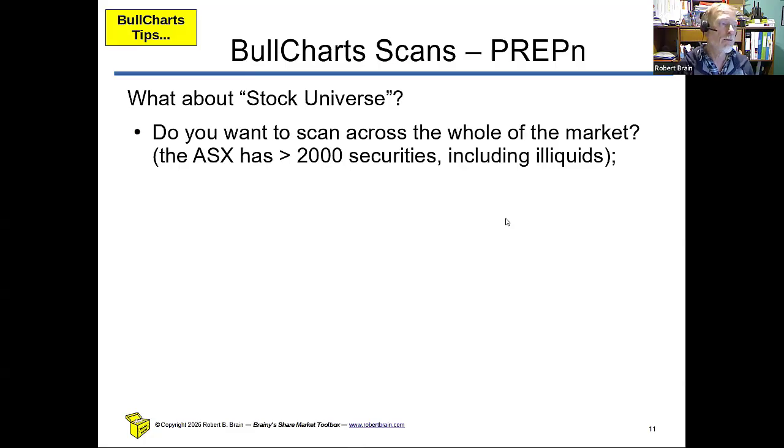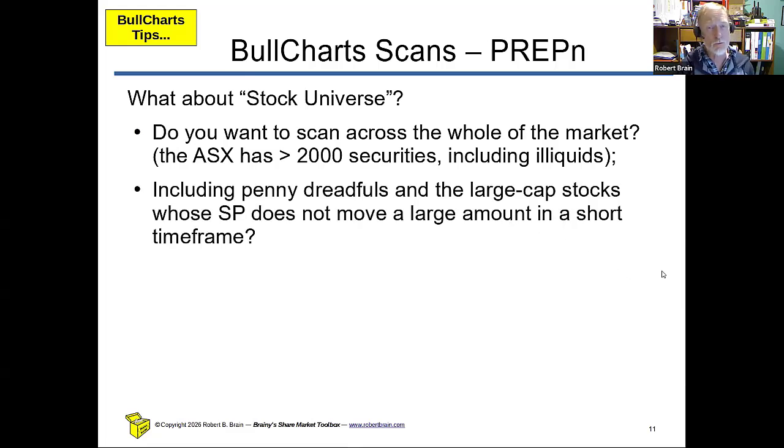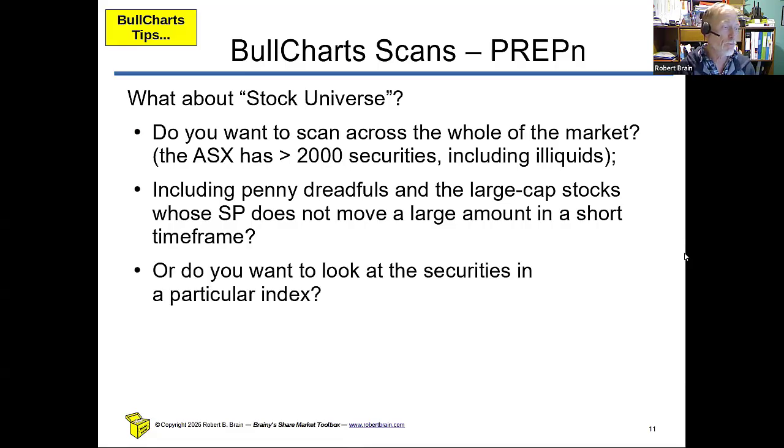So when you scan the market, do you want to scan everything or only the large caps? Do you want to include the penny dreadfuls or exclude the penny dreadfuls? Some of the penny dreadfuls, they'll only trade once or twice or 3 times a week, which is not very often. And it's difficult. If you've got a position in one of those, it's difficult to close it quickly.